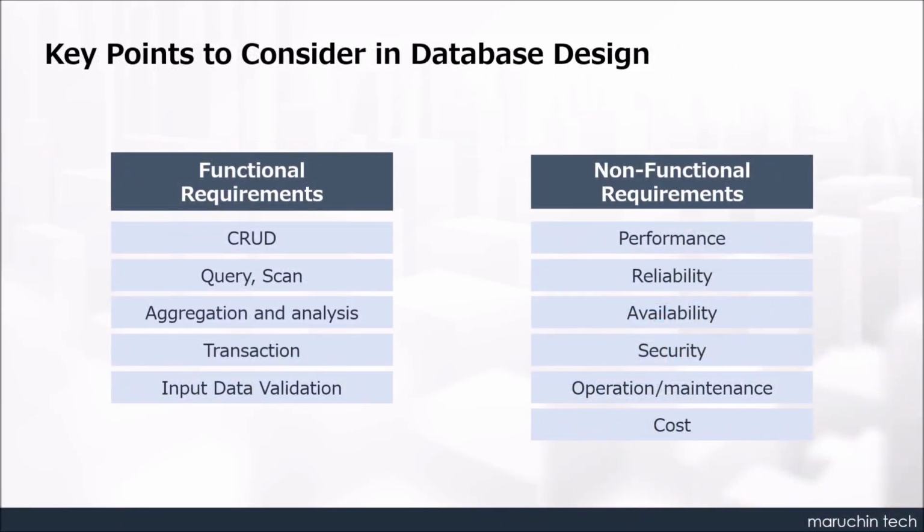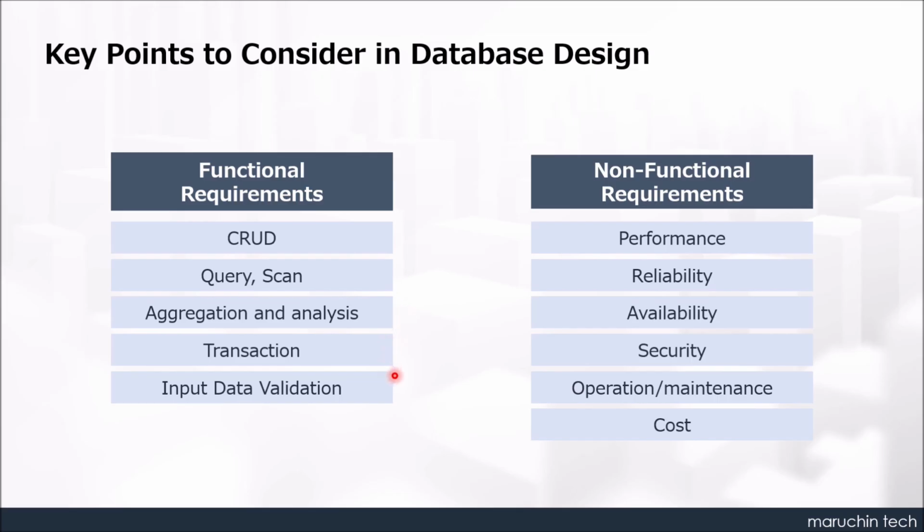First, let's look at the key points to consider in database design. When designing a database, we determine the necessary queries based on what kind of processing needs to occur. Requirements related to these functions and behaviors are called functional requirements. In a database context, these include CRUD operations, search and extraction conditions, aggregation methods, and transaction control.